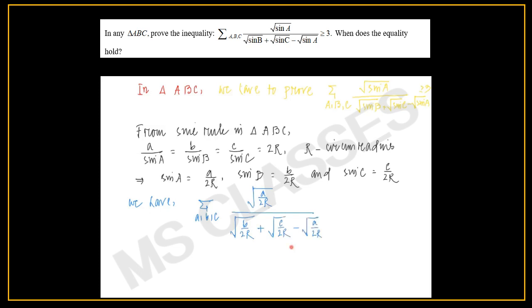We can clearly see that root 2R cancels out. We get summation over a, b, c of root a by (root b plus root c minus root a).